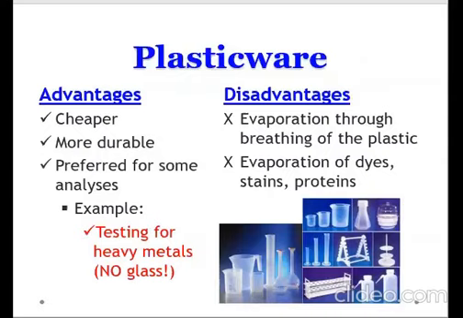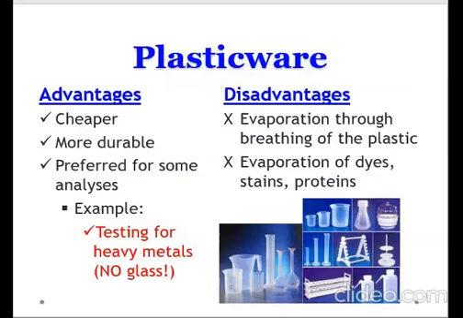When we say durable, it means that plasticwares are more capable of withstanding pressure, wear and tear, and damage. So that's what we mean when we say that plasticwares are more durable.